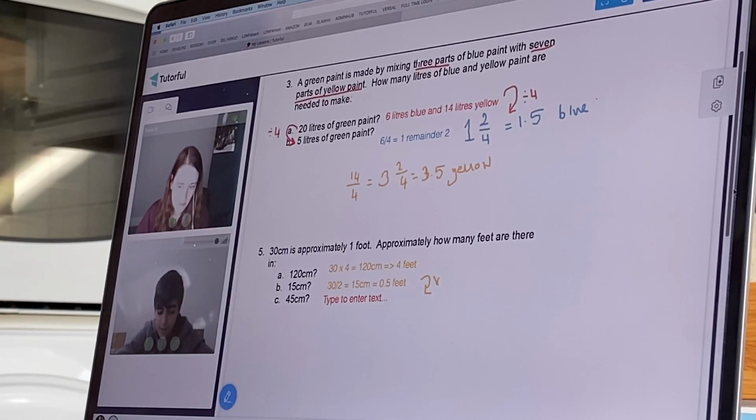Yeah, brilliant. So if we times that by 3, it'll make 1.5. Nice, brilliant. Really good. 1.5.